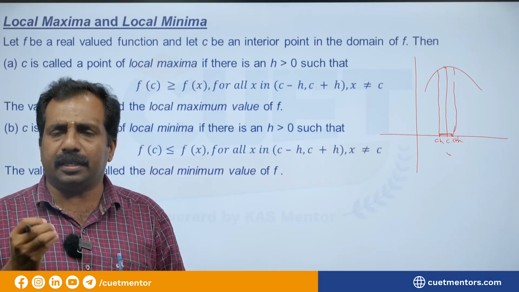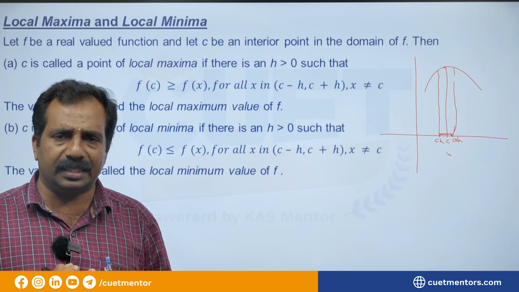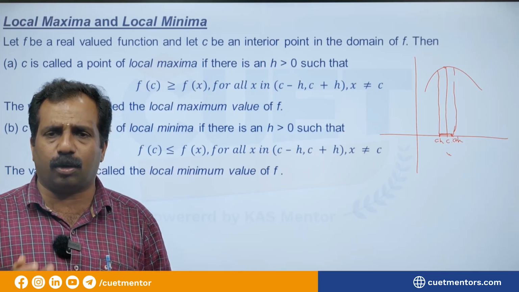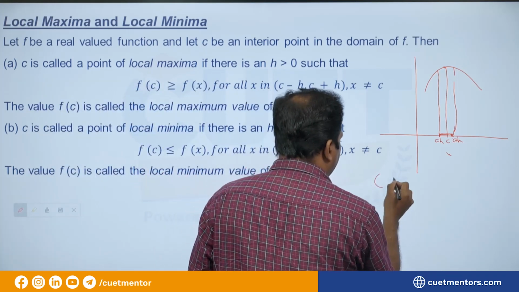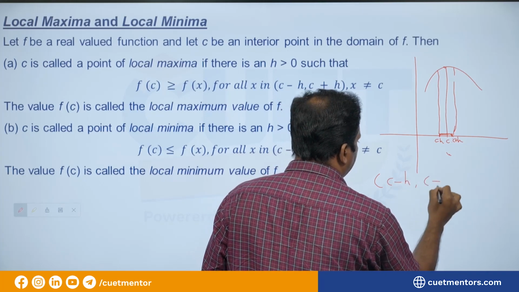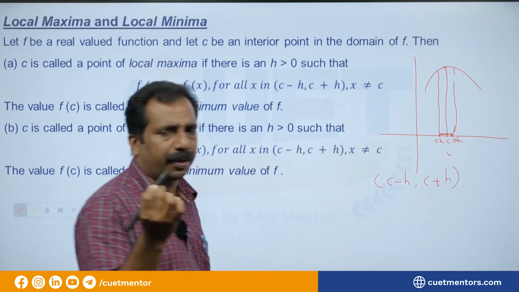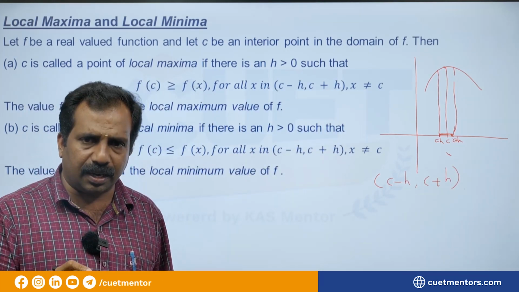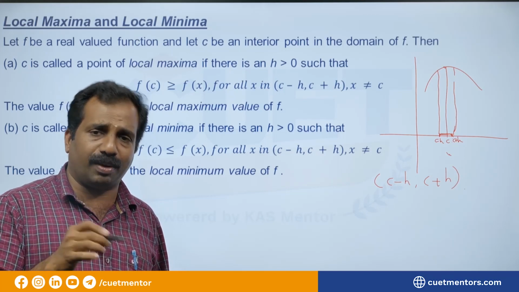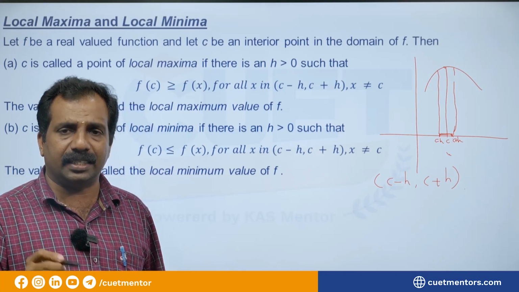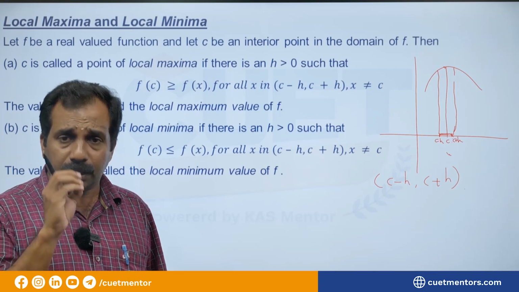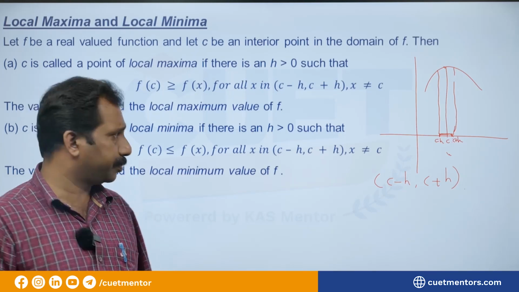In the open interval (c minus h, c plus h), f of c is the highest value. So we say that c is called the point of local maxima.